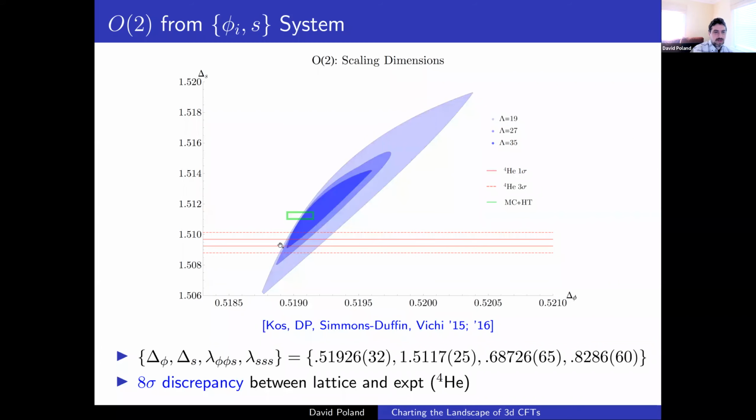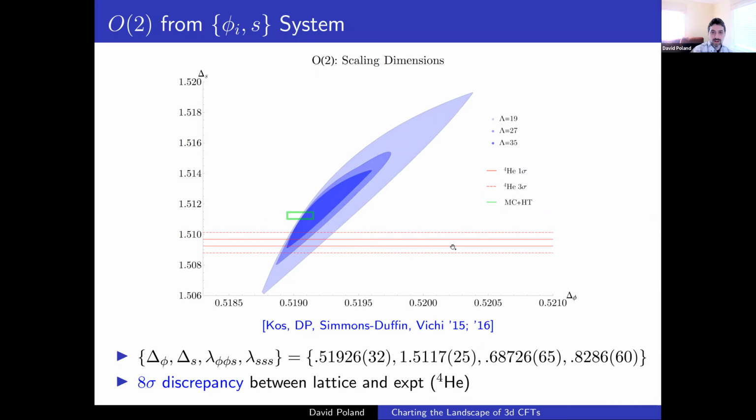And those can be compared with the Monte Carlo. It's really a combination of Monte Carlo and high-temperature expansion calculations, which are shown in this rectangle. And they can be compared with the exponent extracted from this helium-4 data shown in this horizontal band.